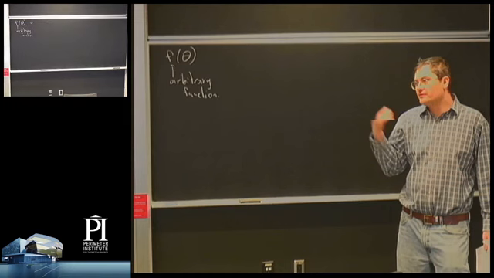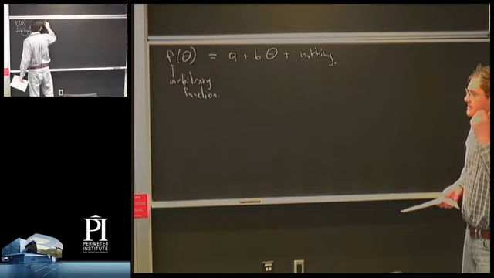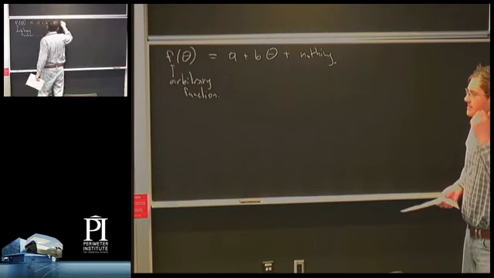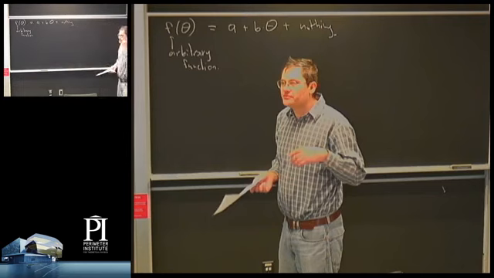But here this series expansion will always terminate. What we will have is A plus B times theta plus nothing. There cannot be anything else, because further terms would involve theta squared and higher powers, and that's why they vanish.